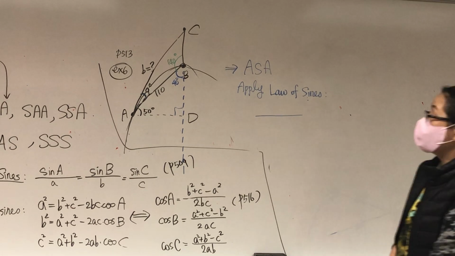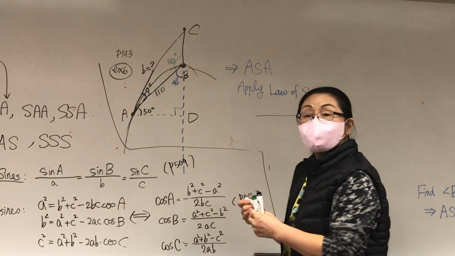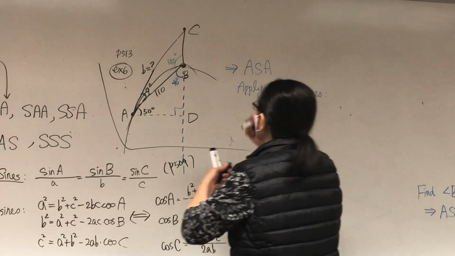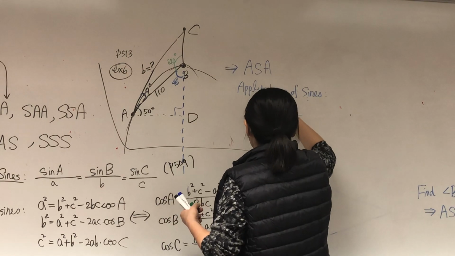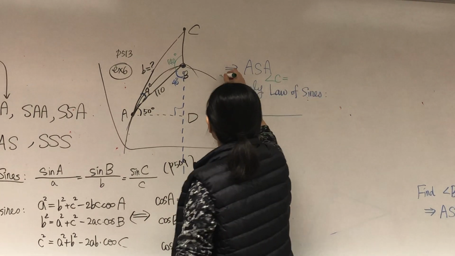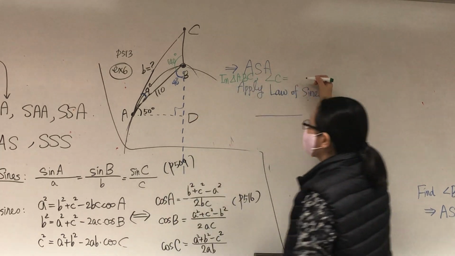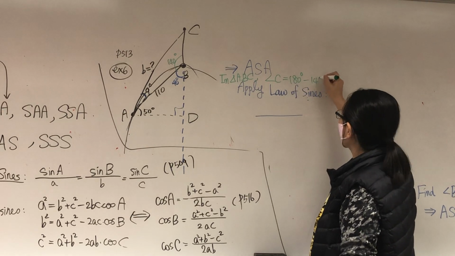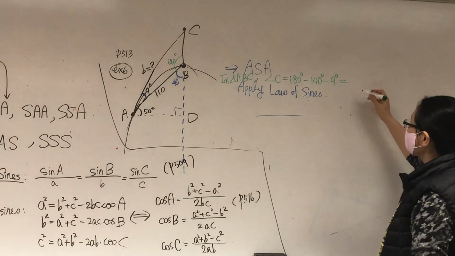Which one has more information given? You have to find C first. Before applying this, what is angle C? Angle C is in triangle ABC. Angle C is 180 minus what? 140 minus 9. Am I right? Yes. Good.